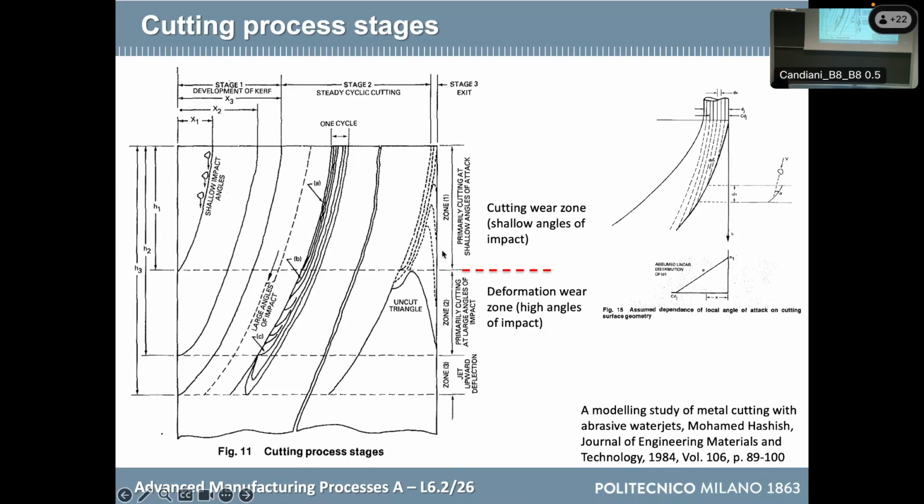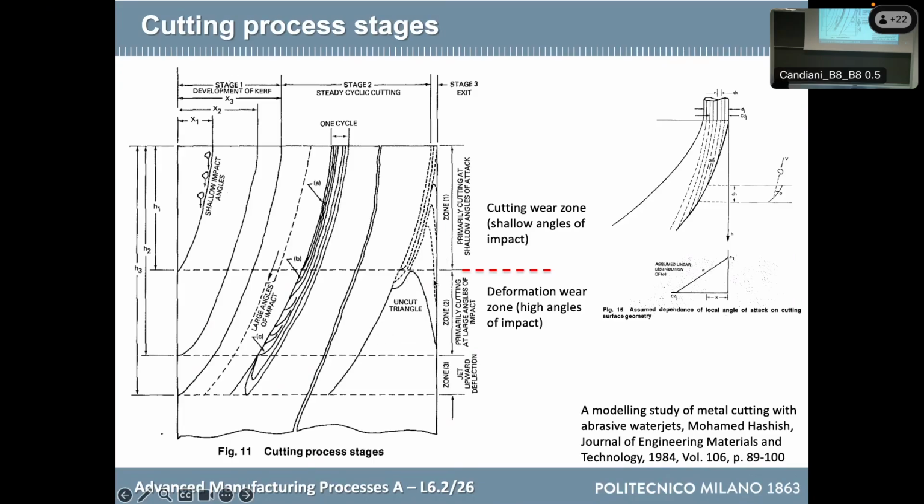There is also another interesting behavior of the jet at the exit. When the jet is arriving here, a portion of the jet will be outside the material. So the most advanced portion of the jet will start exiting from the material, and it will create a material removal ahead, like this. Which means that when the jet is going ahead, a lower portion of the flow rate is still working on the previous cutting front.